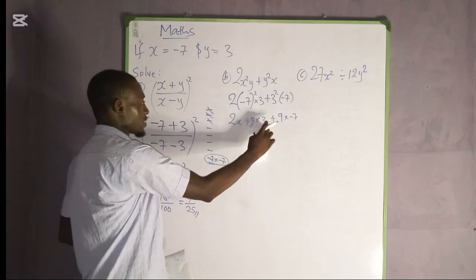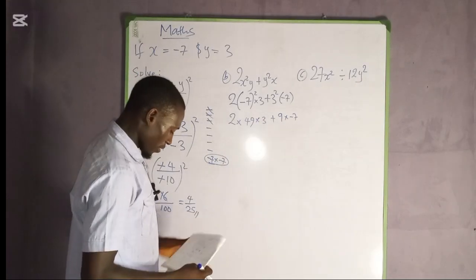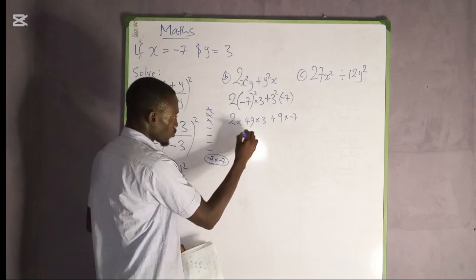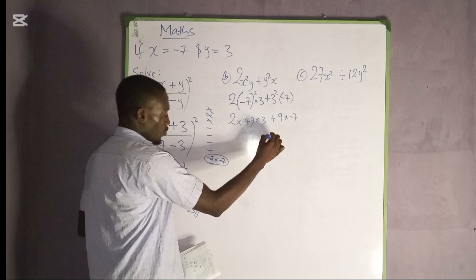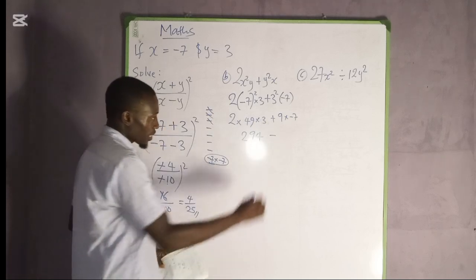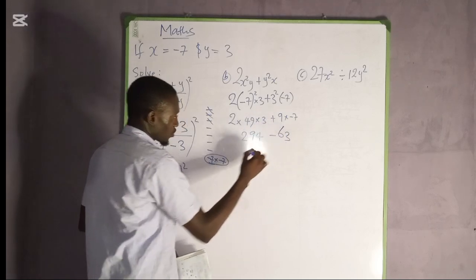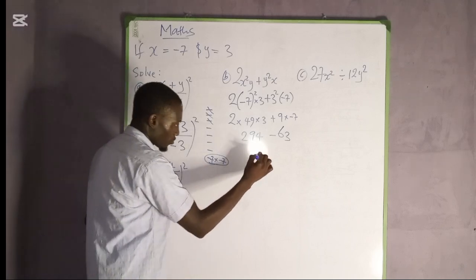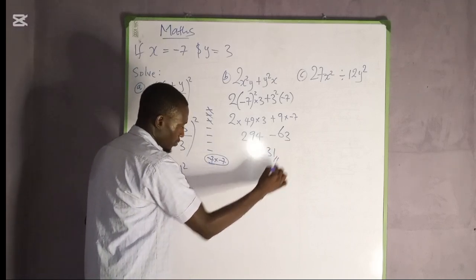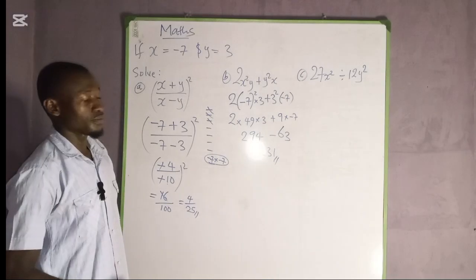Now if you multiply these 3, you will have 294. Right? So you minus these 2. When you multiply that, will give you 63. So you now subtract it. After subtraction, your final answer will be 231 as the final answer.